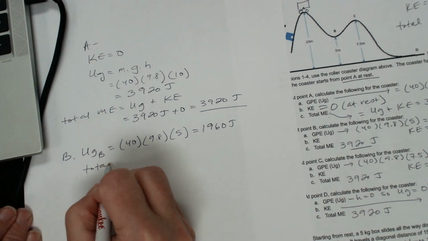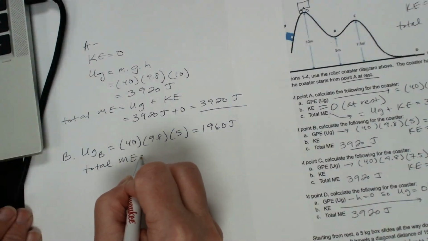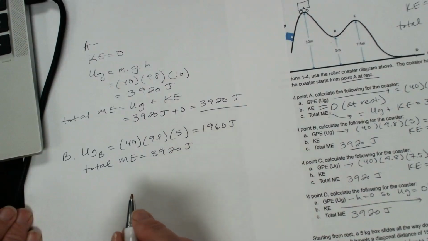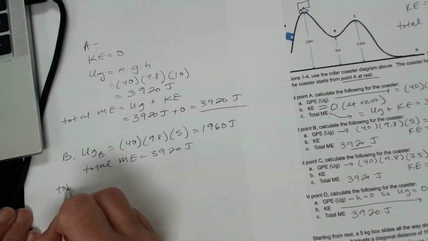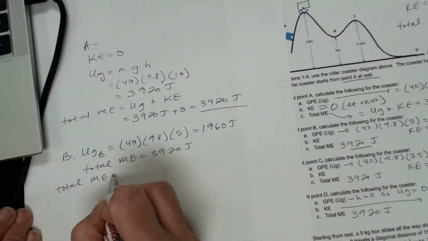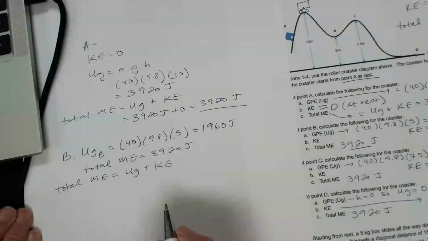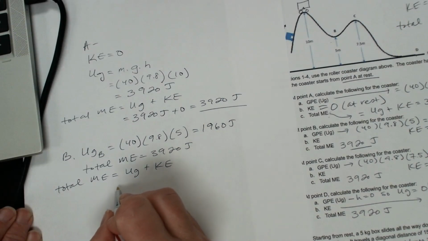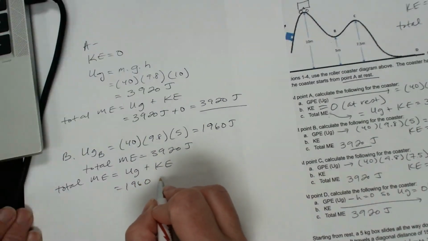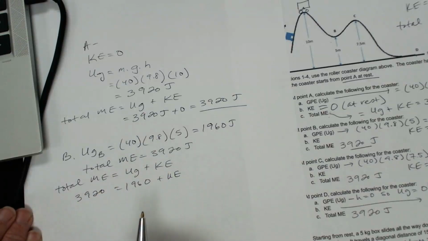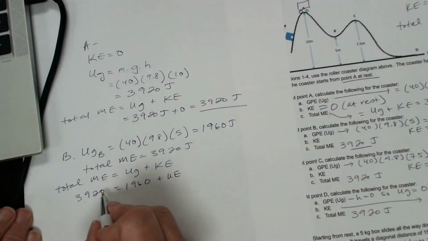Again, I already know my total mechanical energy is 3,920. And I know that total ME equals UG plus KE. I know what UG is here, and I know what my total mechanical is because it's the same at all the points. So I can solve here for kinetic energy.